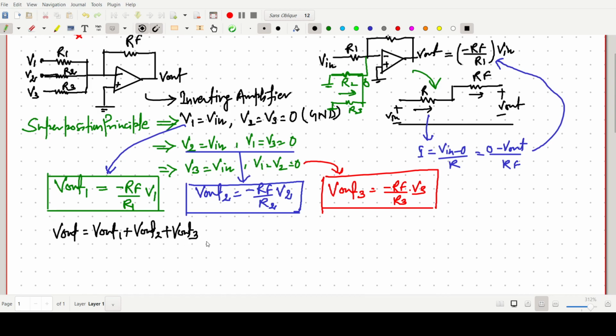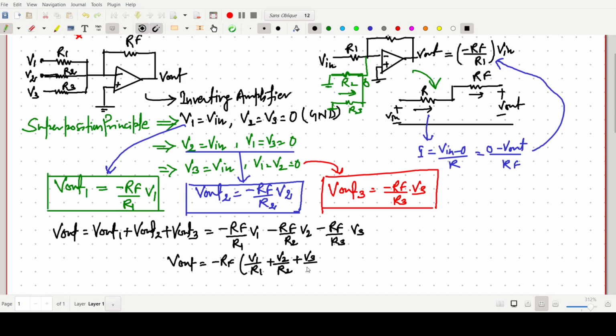So one can easily write the final expression as minus Rf by R1 V1 minus Rf by R2 V2 minus Rf by R3 V3, or simply we can write v output by taking minus Rf common: V1 by R1 plus V2 by R2 plus V3 by R3. So this one is the simple mathematical summing amplifier output.